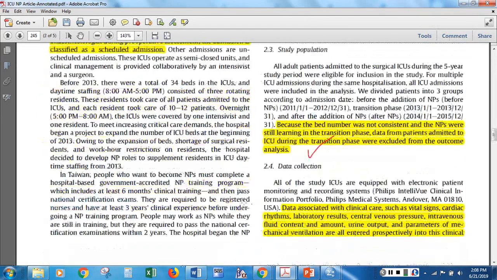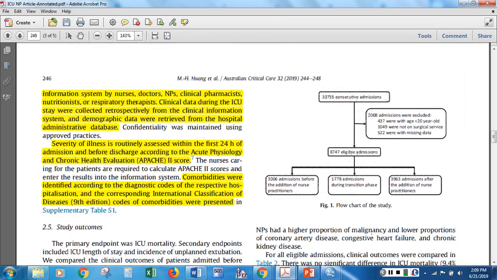Next, data associated with clinical care, such as vital signs, cardiac rhythms, lab results, central venous pressure, intravenous fluid content amount, urine output, parameters of mechanical ventilation, are all entered prospectively into this clinical information system by nurses, doctors, nurse practitioners, clinical pharmacists, nutritionists, or respiratory therapists.